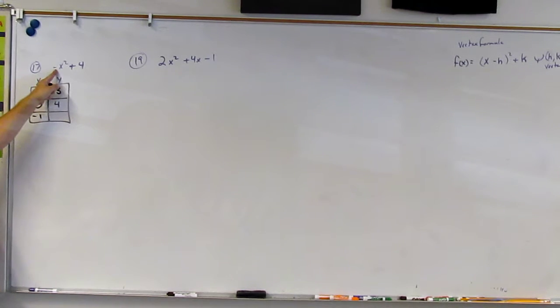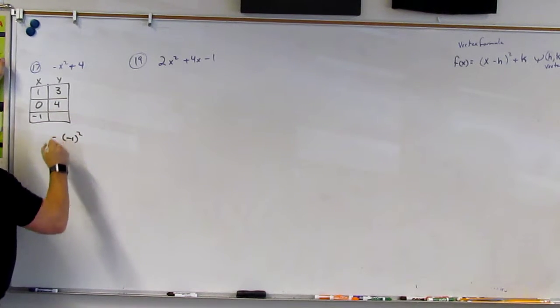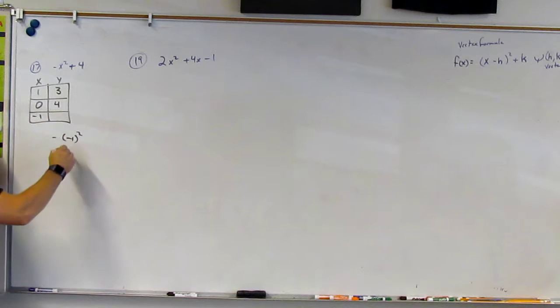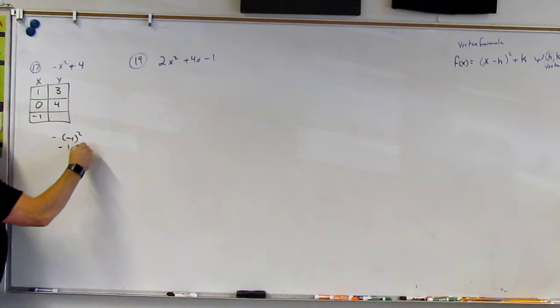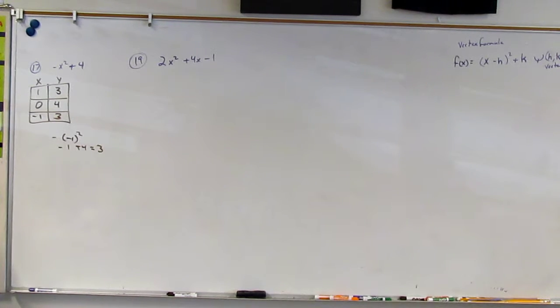But it still becomes negative because the negative's outside the square. Remember, this negative is not affected by that square. That would be negative 1 squared, negative, which becomes negative 1 plus 4, which is equal to 3 again, okay? And then they want you to graph that.